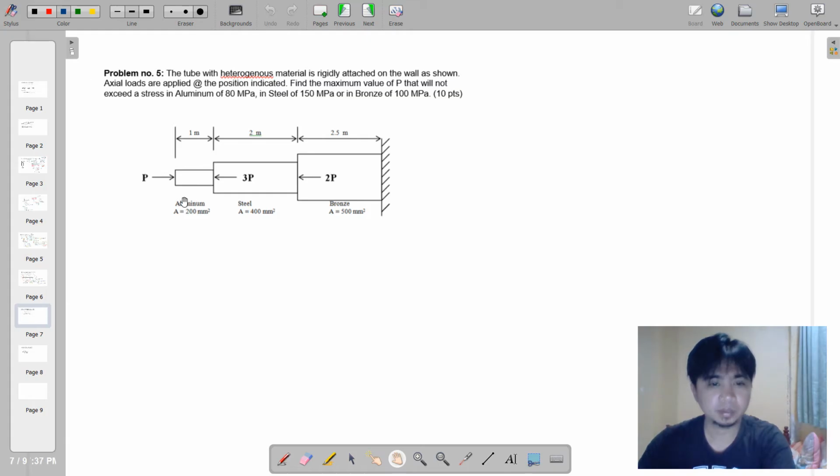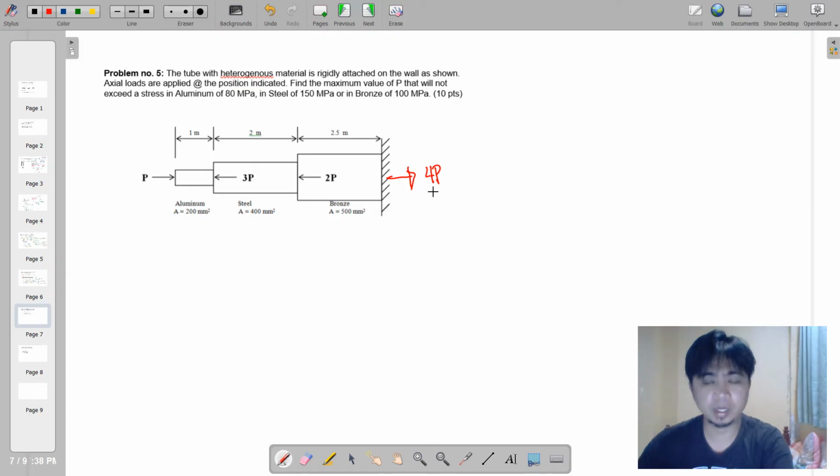So it is understood here that this setup is in equilibrium. So therefore, we have an excess reaction here to balance the force system. And as we can see, we have leftward forces of 2P and 3P that will have a 5P going to the left and a rightward P. So therefore, we will be needing a reaction on this support of 4P.